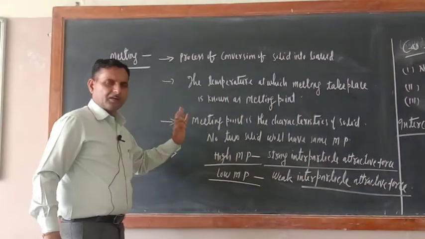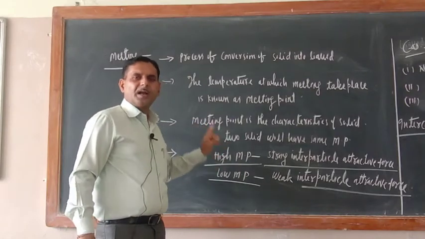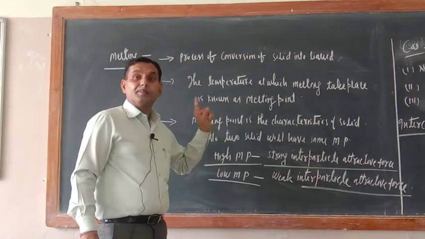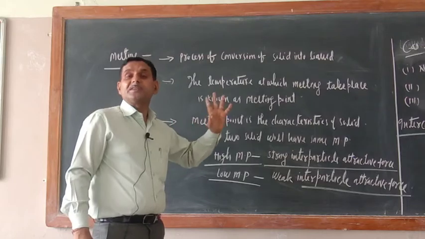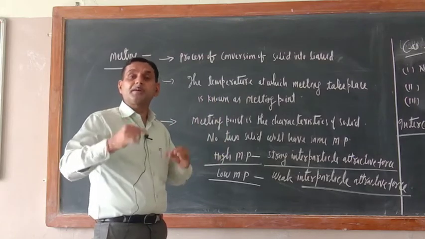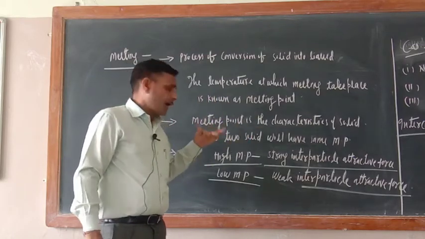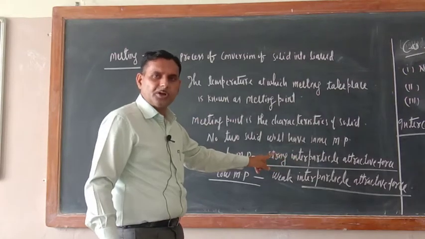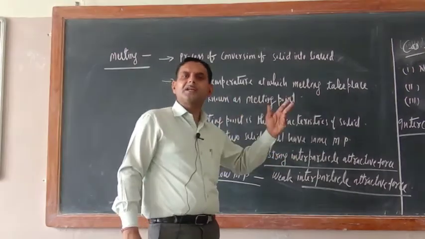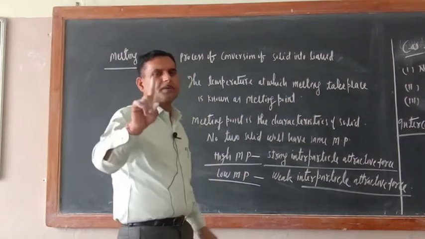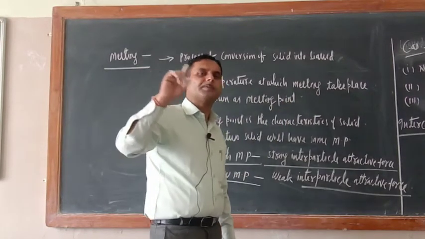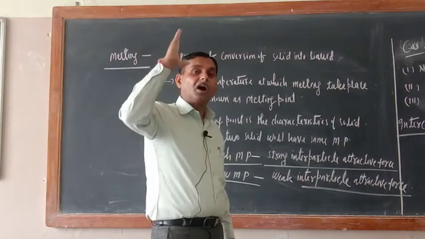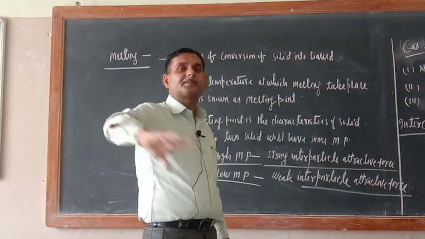Now try to understand here. Means indirectly what we can say? On the basis of melting point we can judge the magnitude of attractive force. High melting point means what? Interparticle attractive force is strong. That is why their melting point is more. Always remember, any solid can only be melted when all their interparticle attractive force gets broken.